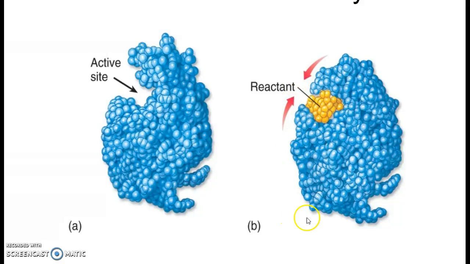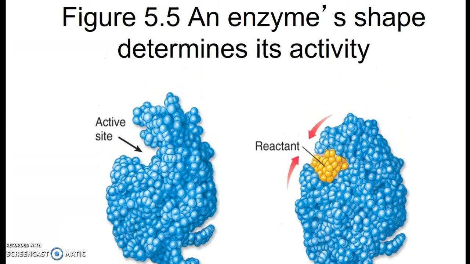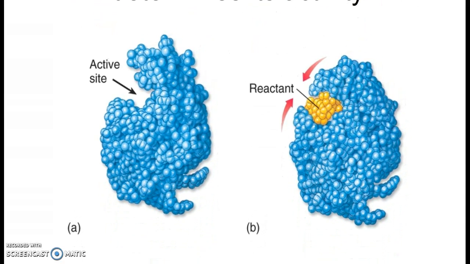And this is a figure from your book, figure 5.5, showing the importance of an enzyme's shape in determining its activity as a catalyst. And so this is meant to be the tertiary structure of an enzyme. This pocket is the active site, and as you can see, the active site is the exact shape to bind the reactant or the substrate.